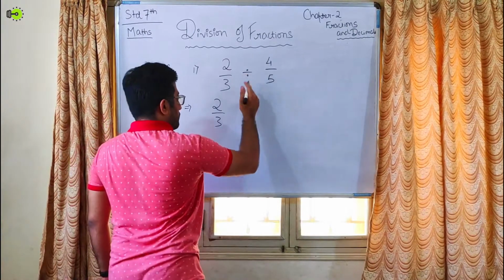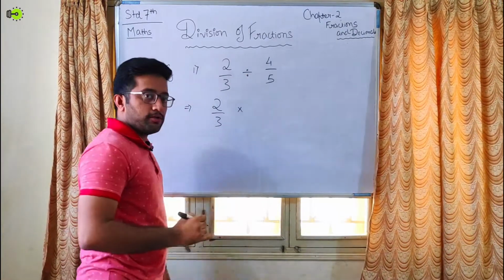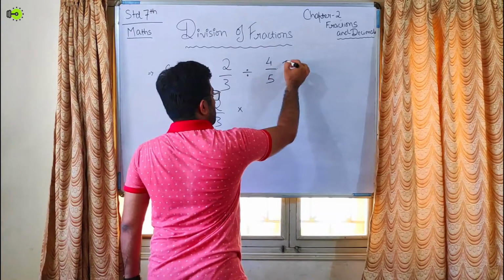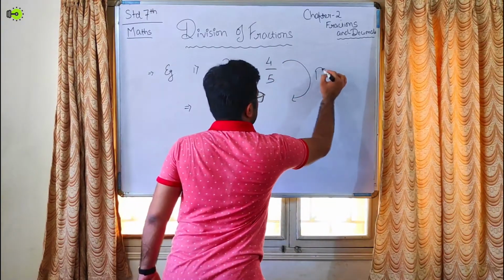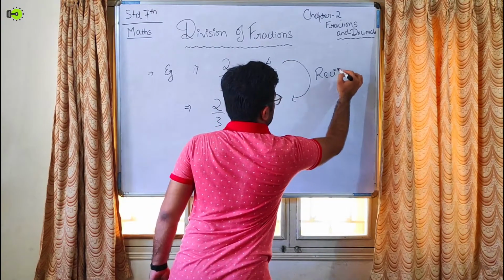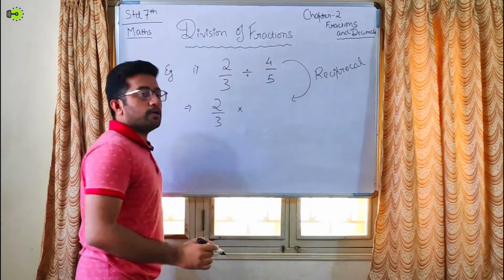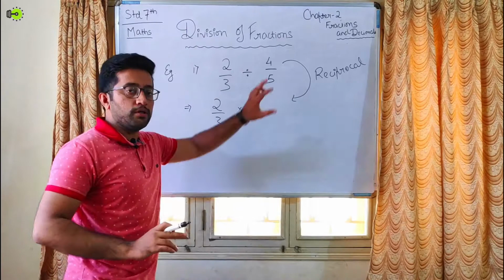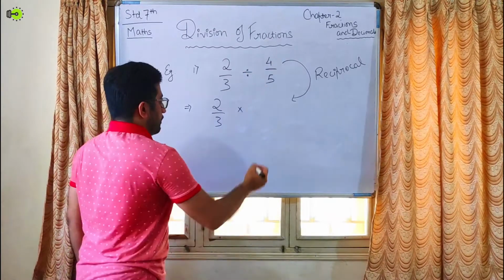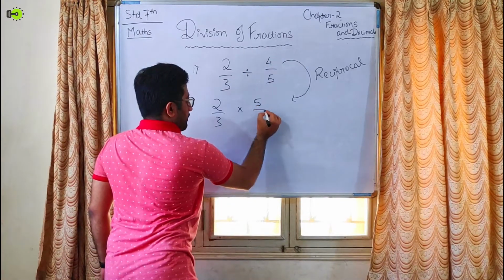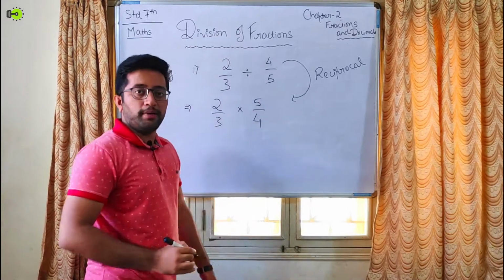Now converting this division into multiplication, we will take the reciprocal of the other number. Reciprocal means we need to turn this number upside down. So we'll write 5 in the numerator and 4 in the denominator.